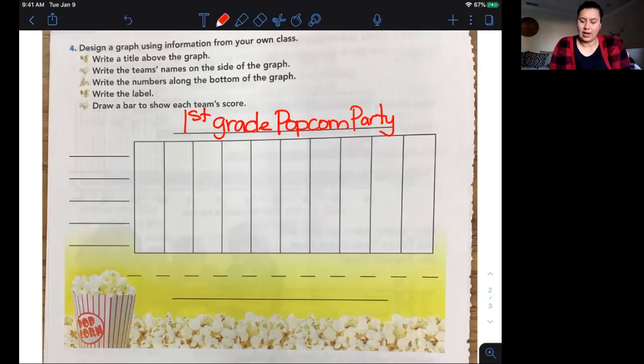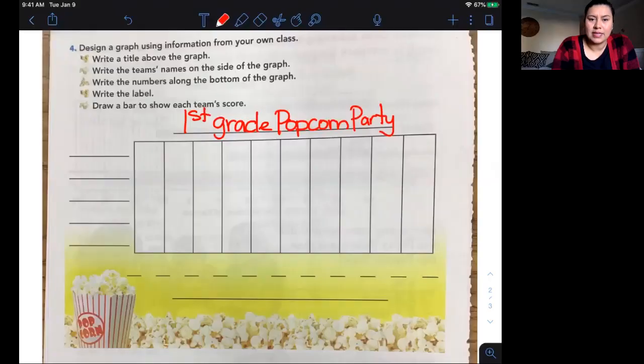Okay, let's get creative. Team. Let me think. Give me just a second, friends. Okay, friends, so I figured it out.